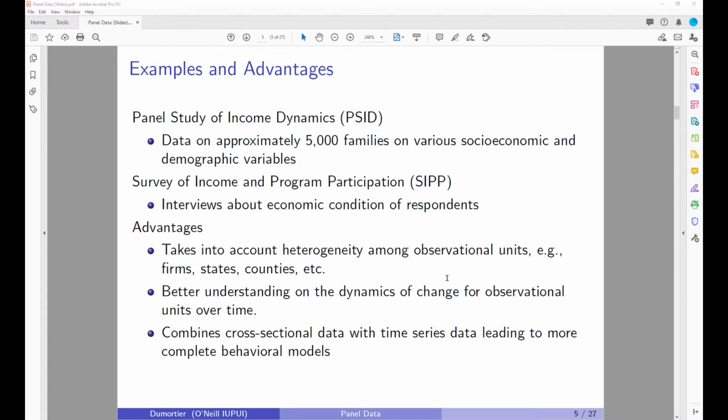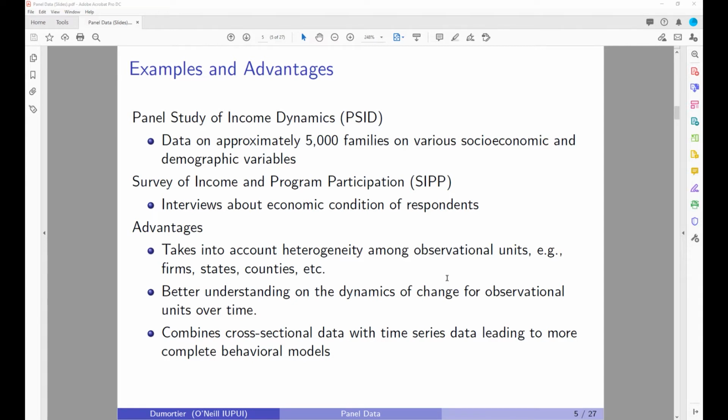So, other examples of true panel data are the Panel Study of Income Dynamics, which collects data of about 5,000 families, and the data includes various socioeconomic and demographic variables. There's also a survey about income and program participation, and again, here the focus is on the economic conditions.